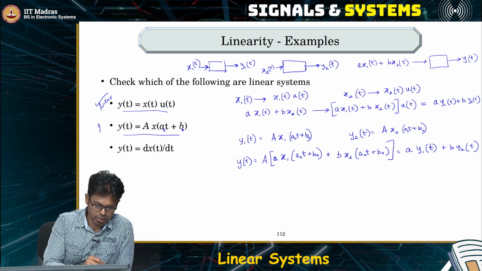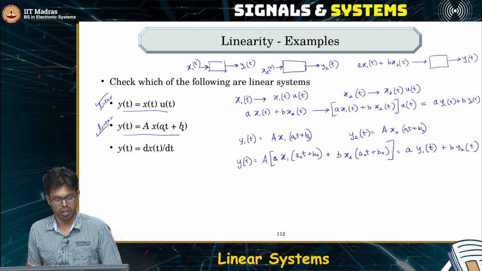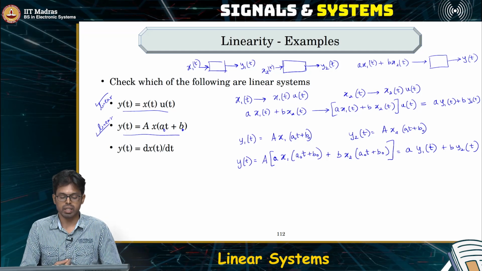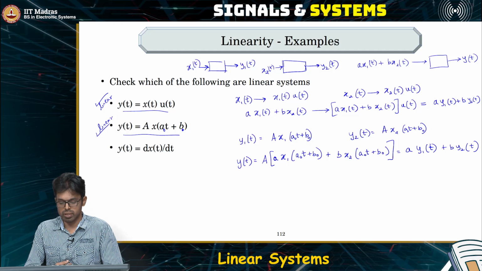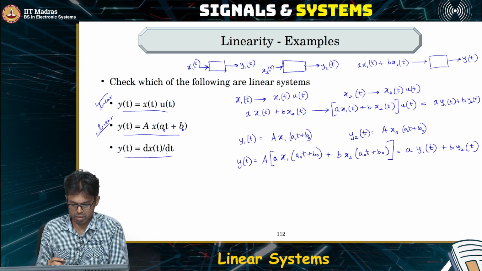So clearly this system is also linear. That's nice. Which means that time scaling and time shifting operations are all linear operations, which is quite good to know. Right, now let's see this final setup.